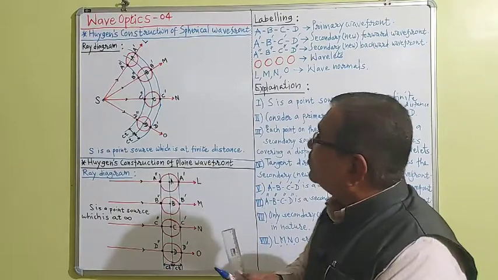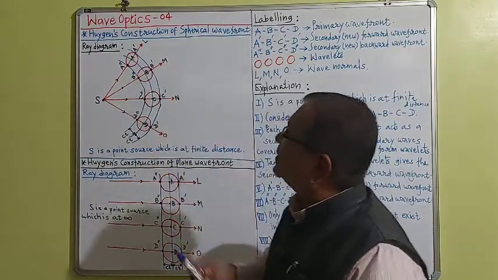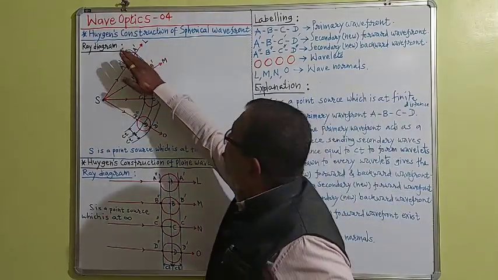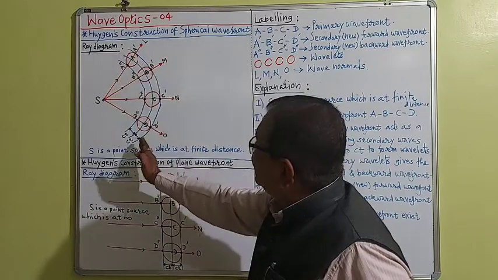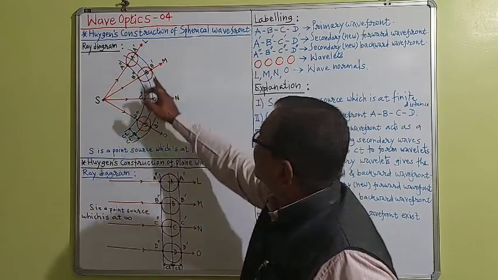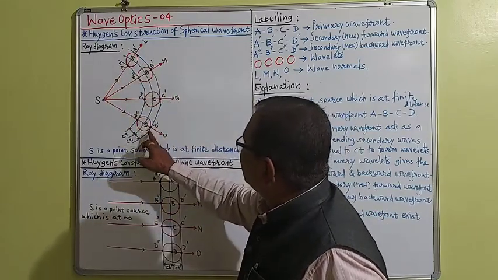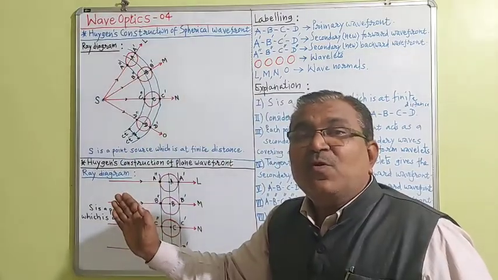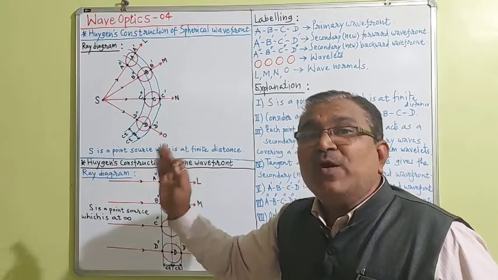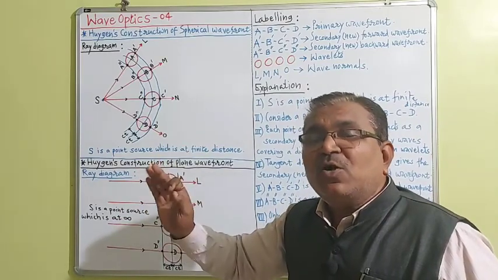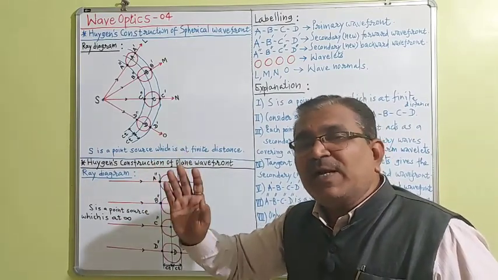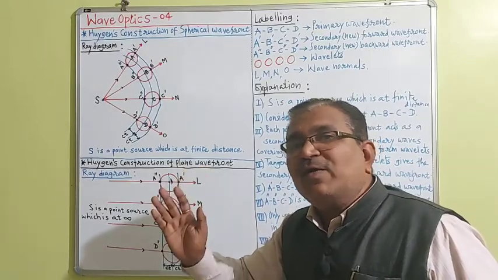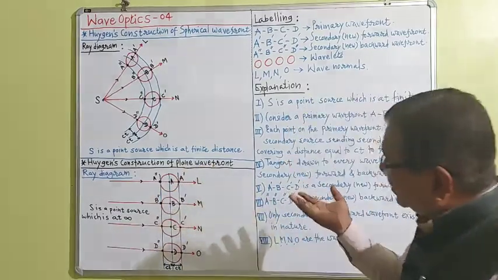Then how are the wavelets formed? Tangent drawn in forward direction, that is A dash, B dash, C dash, D dash, forms what? The new, or secondary (new), forward spherical wavefront.